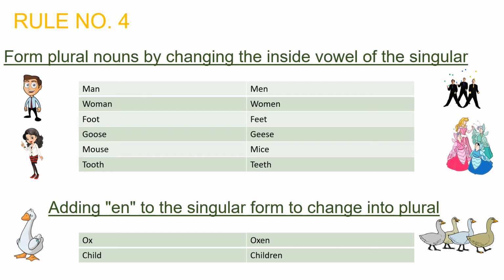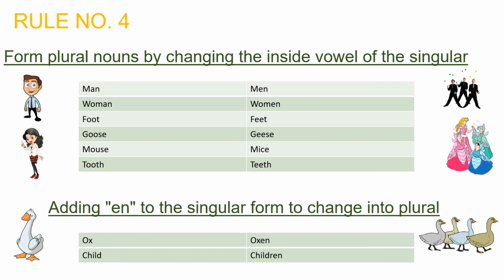Foot: remove the double o and add double e. Foot, feet. Goose, geese. Remove the double o and add the double e. Mouse: remove the ou and add i. Mouse, mice. Tooth and teeth. Remove the double o and add double e.